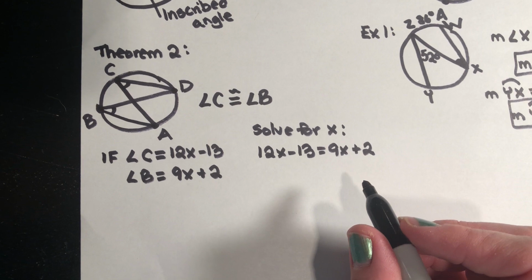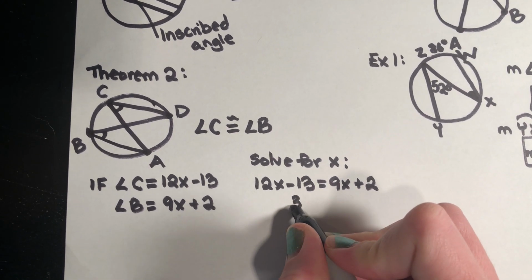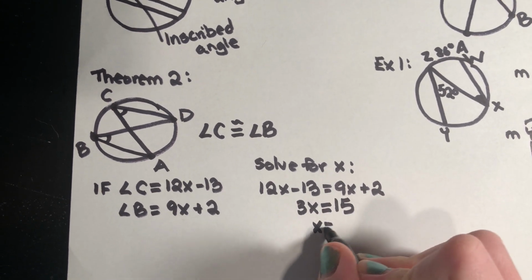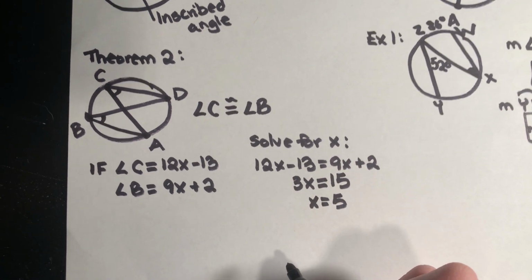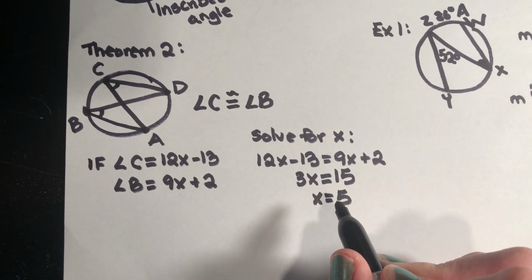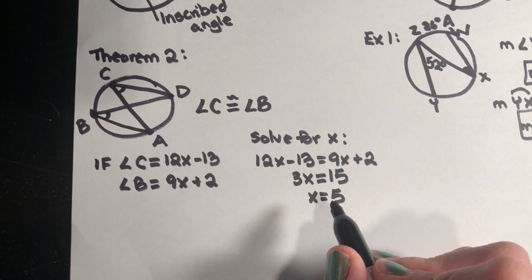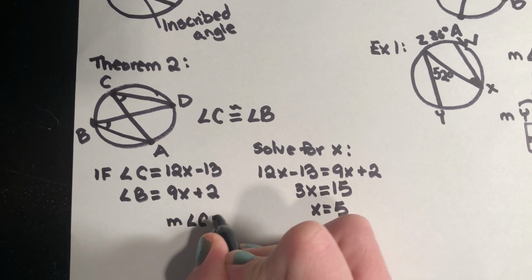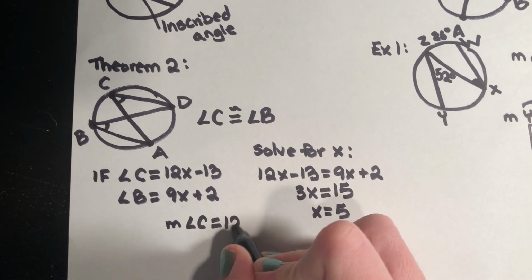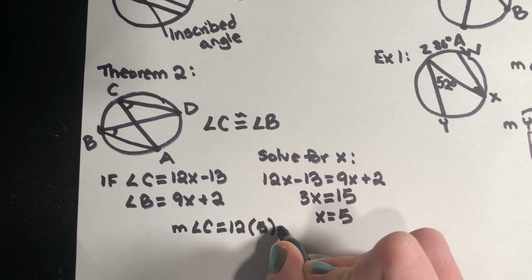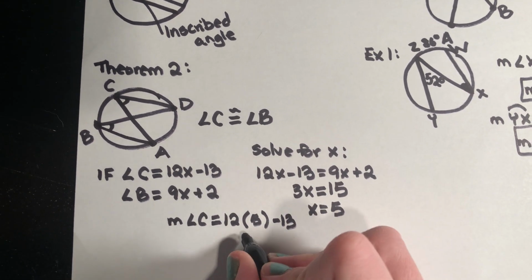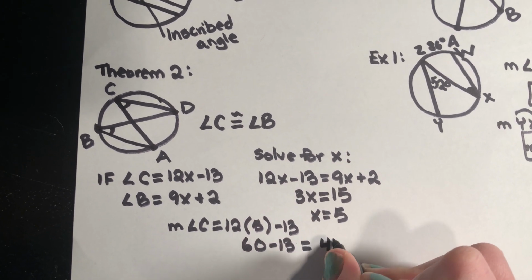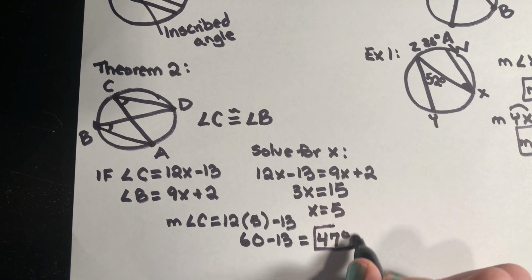We would get 3x equals 15 and x equals 5. If we wanted to find the measure of angle C, we would plug that 5 back in for x, and 60 minus 13 equals 47 degrees.